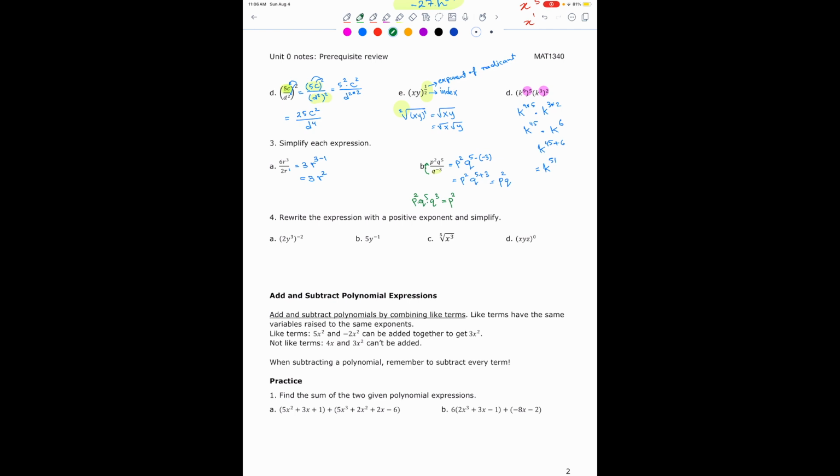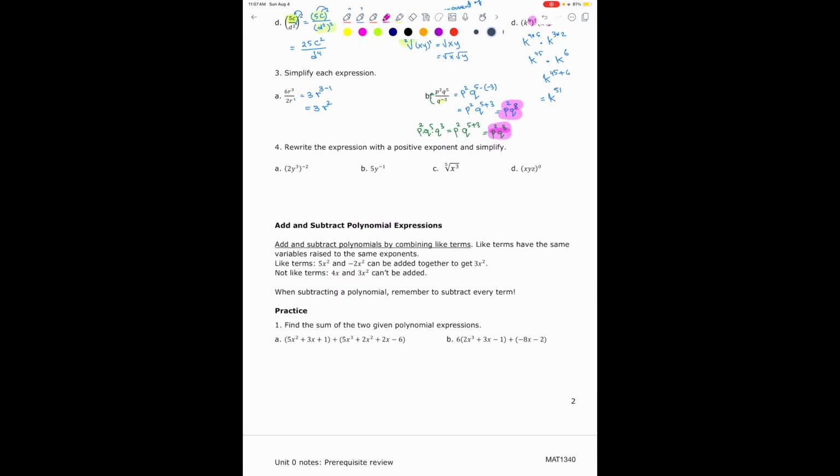And q to the 5th times q to the 3rd, I will use the product rule. So this is going to be q to the 5 plus 3, which will turn into p squared q to the 8th. You notice we have the same exact answer, and that's what you should have.